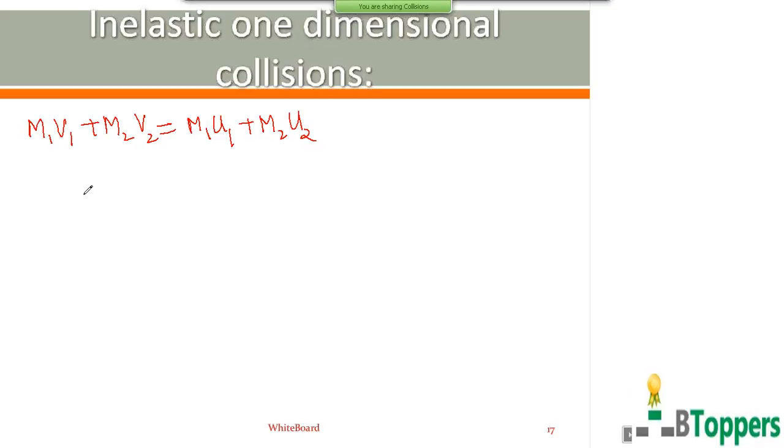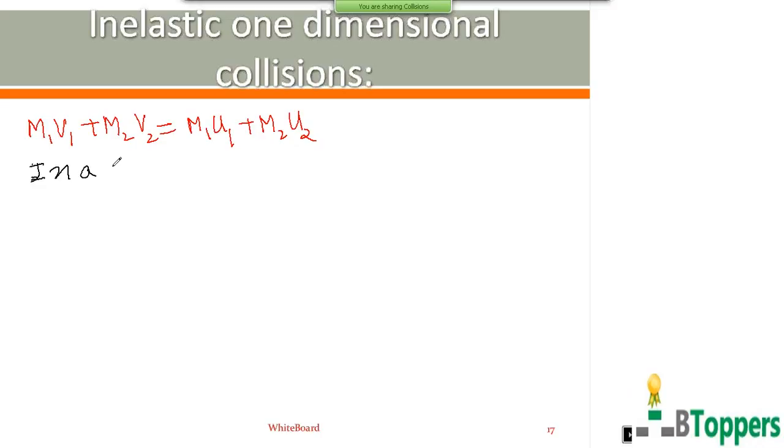As I discussed in the previous classes, in the case of one-dimensional elastic collision, the magnitude of the relative velocity between the two colliding bodies just after collision is the same as the magnitude of the relative velocity just before the collision.